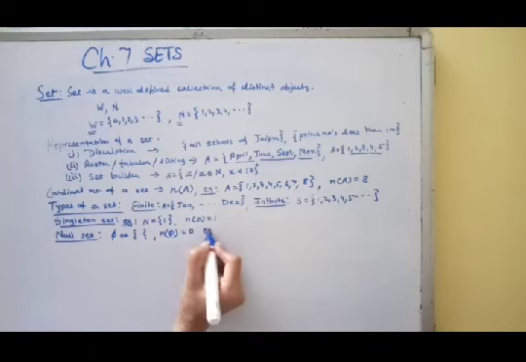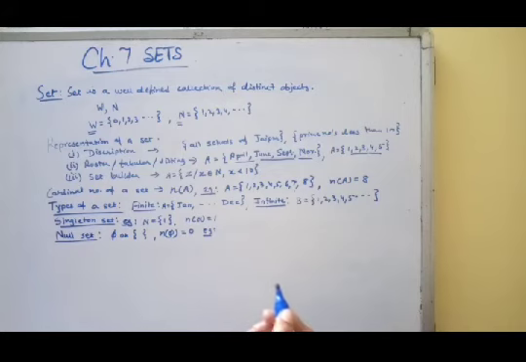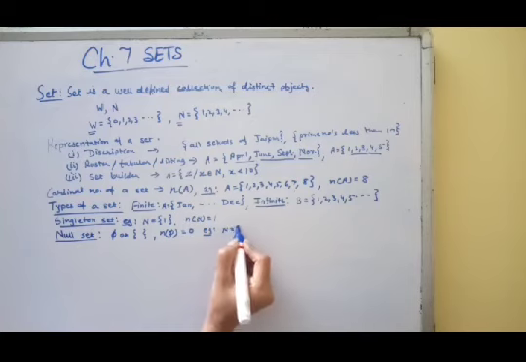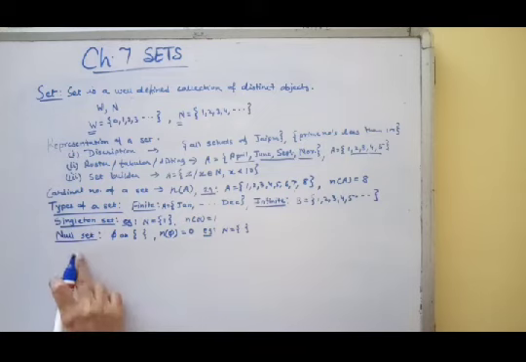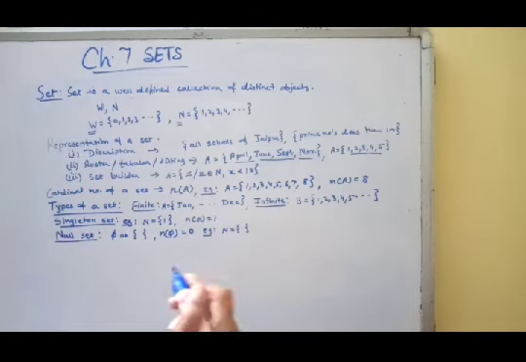Let's take an example: the set of natural numbers less than 1. This is not possible because no such number exists. So this set is an empty set or null set.